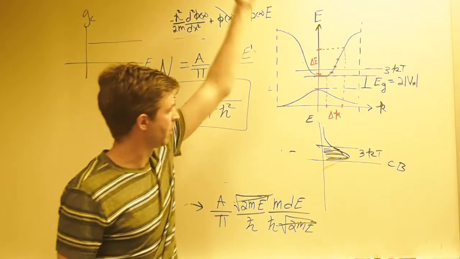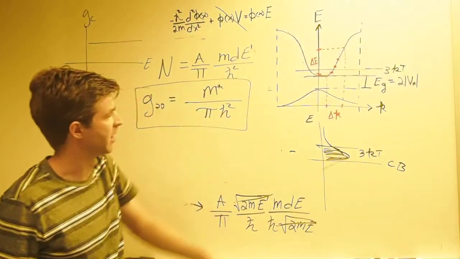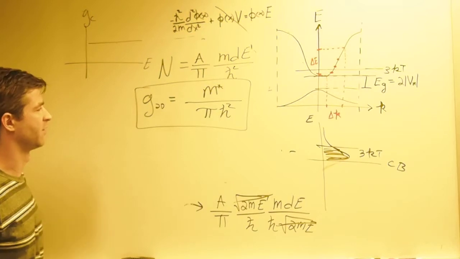So as we go higher and higher in energy from the conduction band, we're going to have the same amount of available states everywhere.